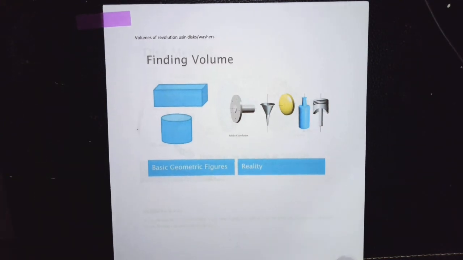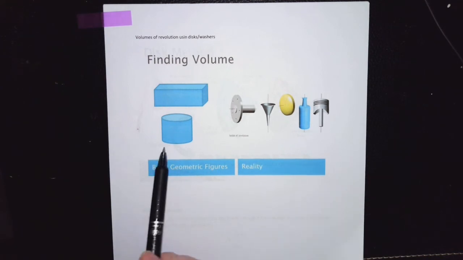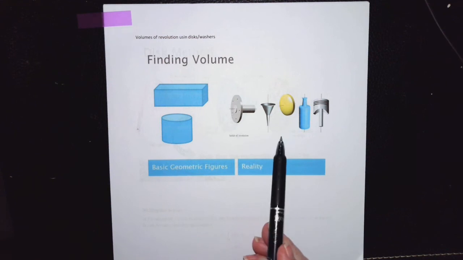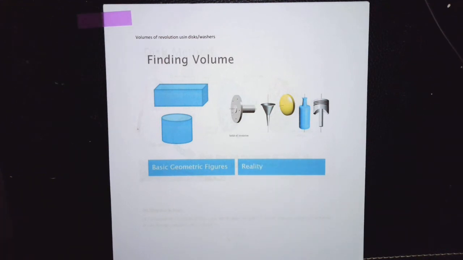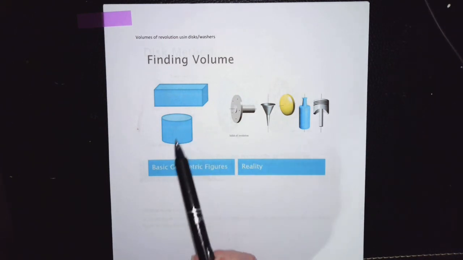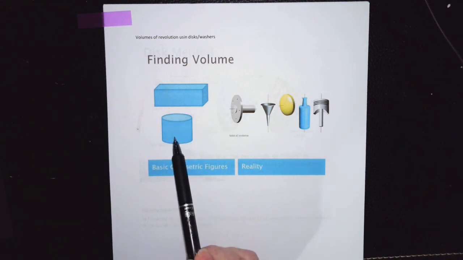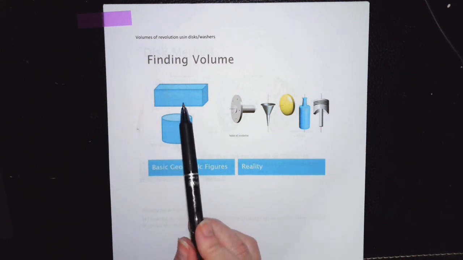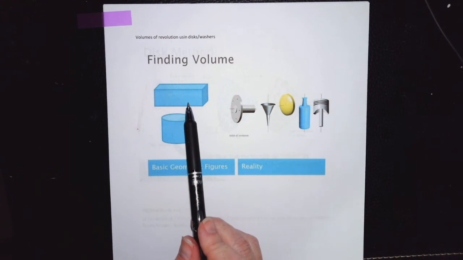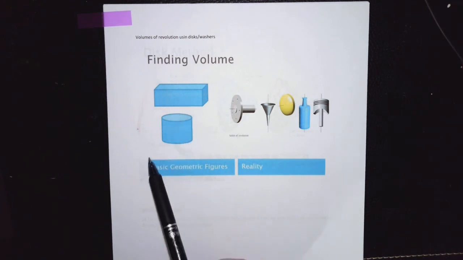All right. So what we're going to do is find volumes of solids that can be obtained by revolving a graph around a horizontal or a vertical axis. Now, if we didn't have anything but geometric figures in the world, like cylinders or boxes or cubes or spheres, we might not need this so much.